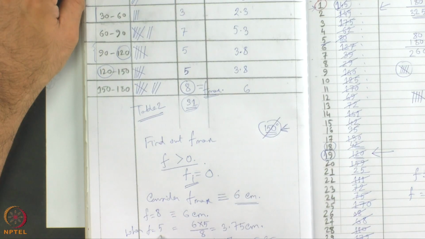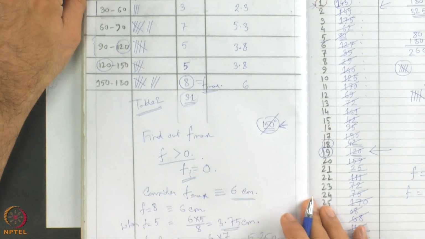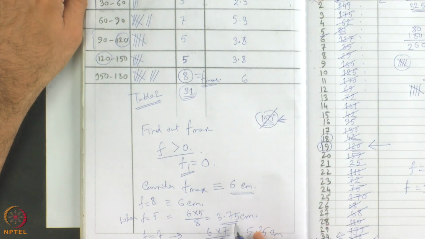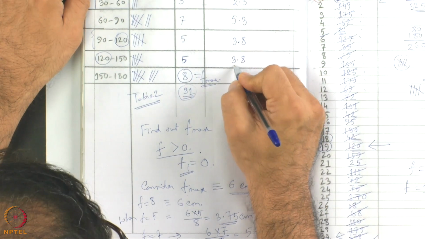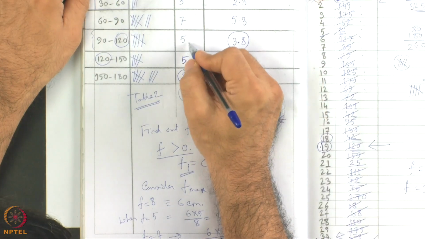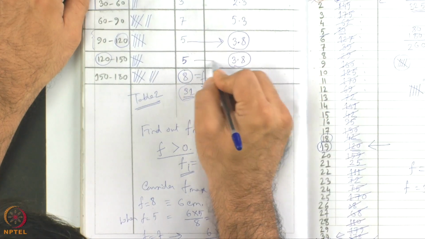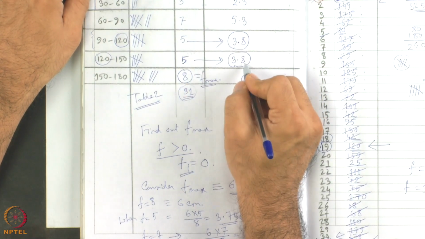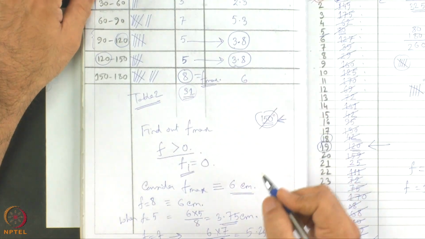Arithmetic is done, it is equal to 3.75 centimeter, which can be approximated as 3.8 centimeter. So, I write here 3.8 and also here 3.8. A frequency of 5 is equivalent to 3.8.